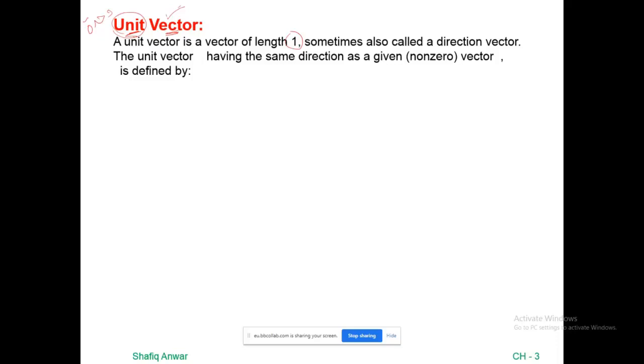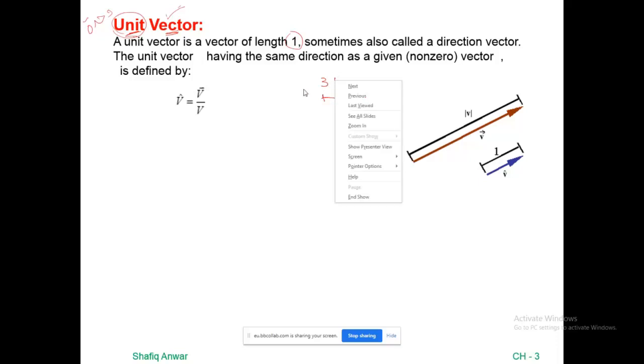Okay, now how we write it. For example, if you have this direction 1, 2 and 3, you have 3 magnitude. And along any direction, I say this is in the direction positive x-axis, like I say unit vector.